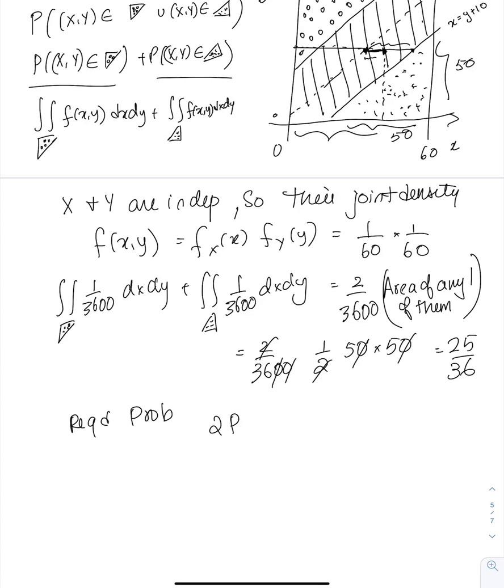is 2 times the probability that the arrival time of the woman is at least 10 plus the arrival time of the man.